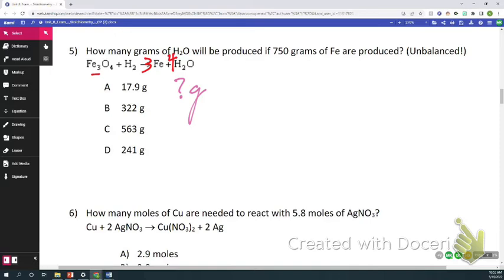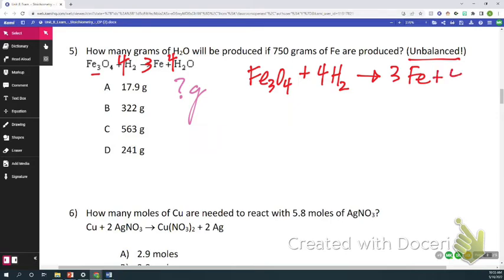But that made it 8 hydrogens, so maybe a 4 here as well. 4H2, 3Fe. They even told you it was unbalanced right here. Plus 4H2O. And then double check that everything's good.